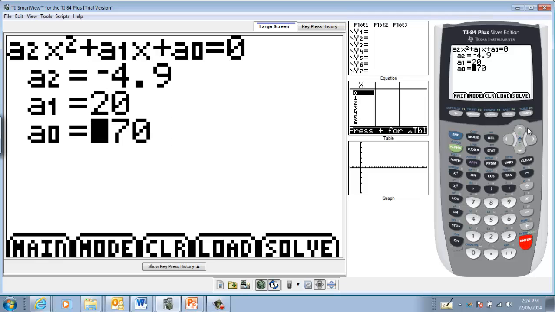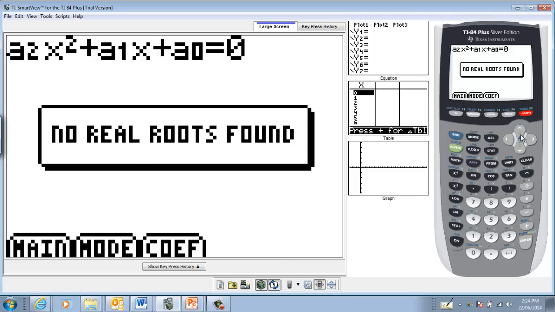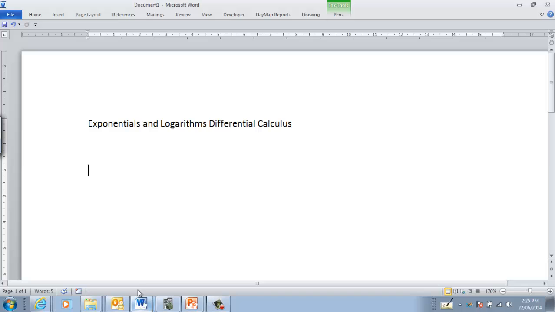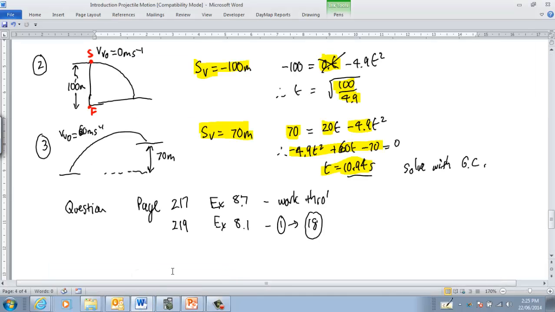Then all we have to do is press the solve button, and it's saying it's got no real roots, probably because I put the wrong values in. Let's go back to the equation and see if we've got the right equation. It's actually 20, isn't it? So 20 takes 70. That should give me an answer. Let's try it again.